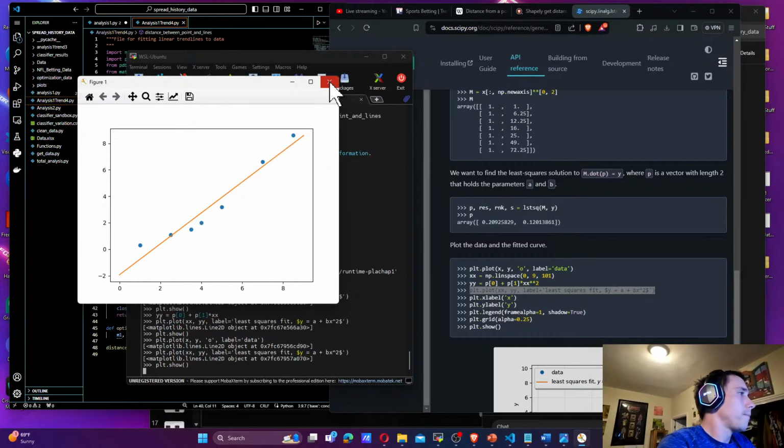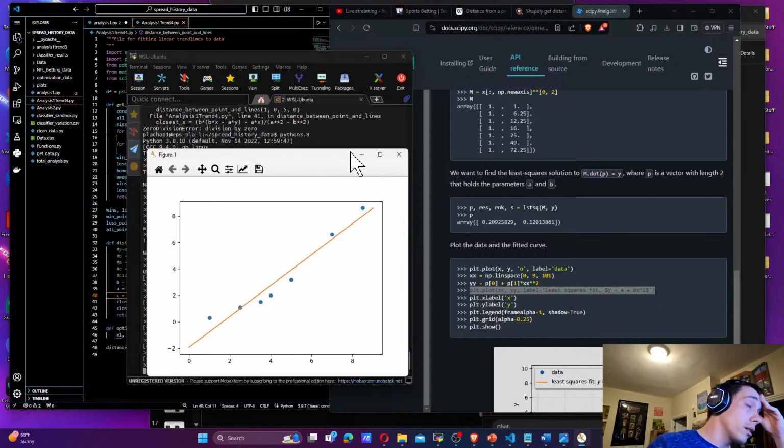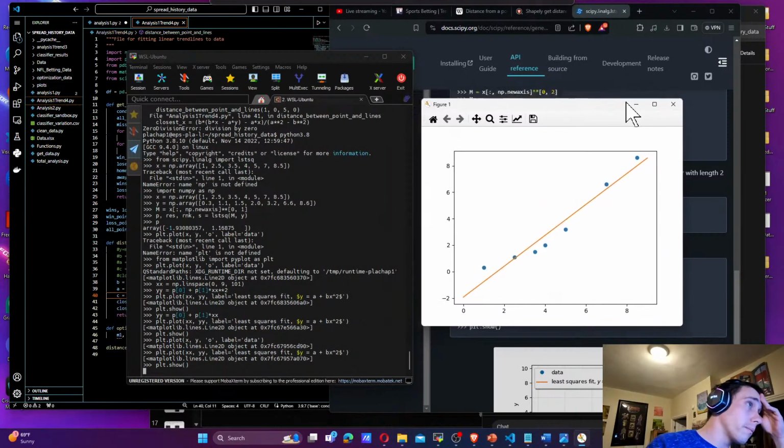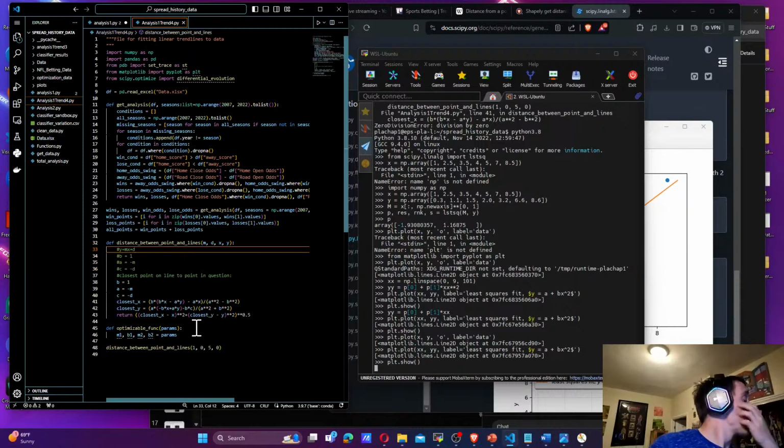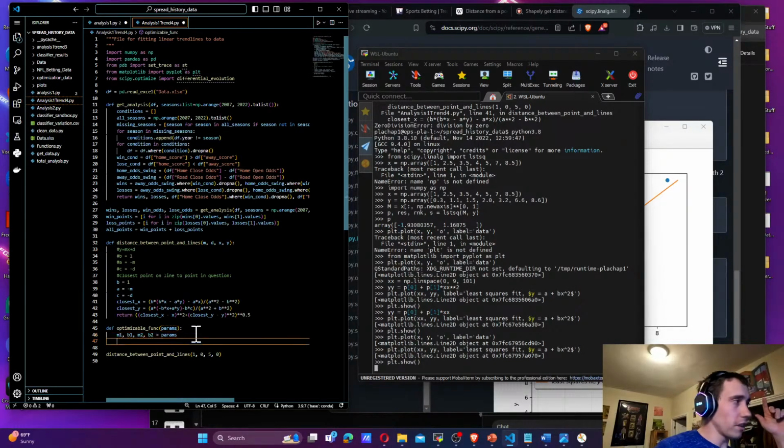Let me think. I guess we could just get the vertical distance. I'm not really thinking quite well. Okay, let's go back to the optimizable function. Now we have these params.